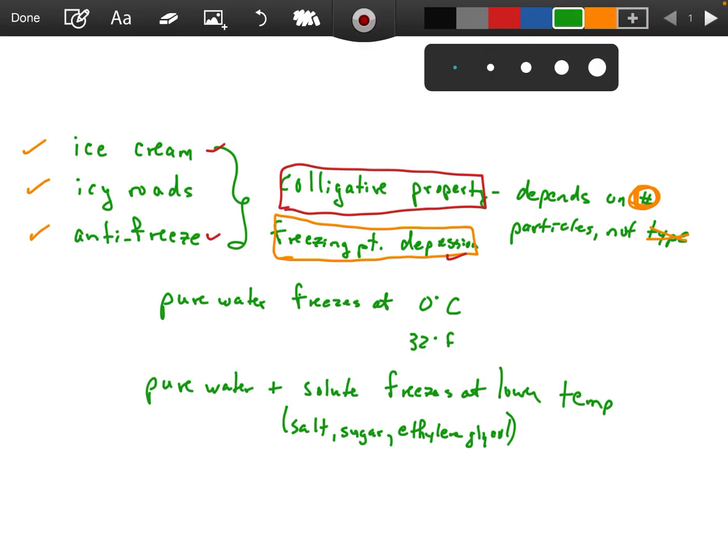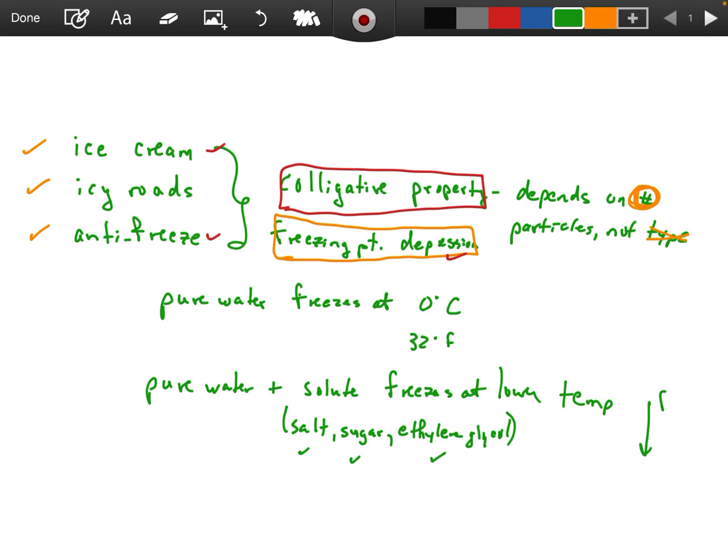You can dissolve gas in water. But if you add something to pure water, such as salt or sugar or ethylene glycol, antifreeze, it's going to lower the freezing point. Now it happens to also raise the boiling point, but we're not all that interested in that right now. We're interested in lowering the freezing point.